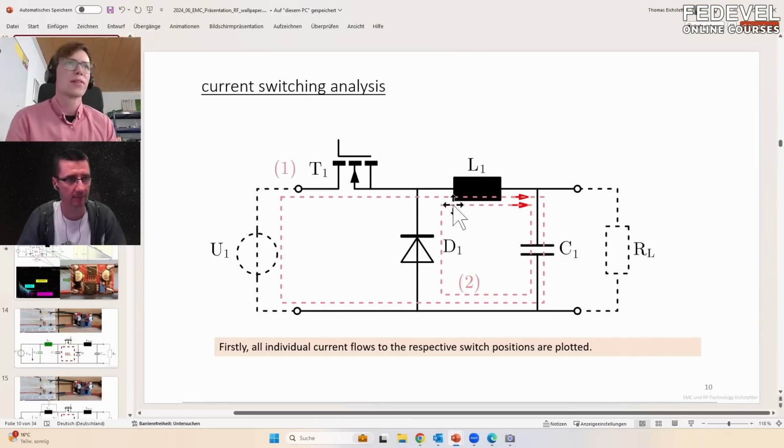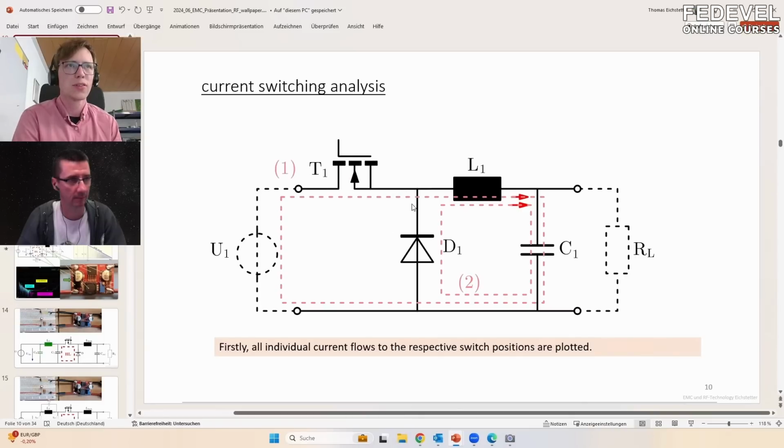And now you can see at certain points two lines here. These are the places of the current where it does not change very fast. The difference here on the diode is you have only one line, and this means at one switching state it is on, and at the other one it is completely off, and therefore you have a very hot slope. And this slope is in 4 different places.